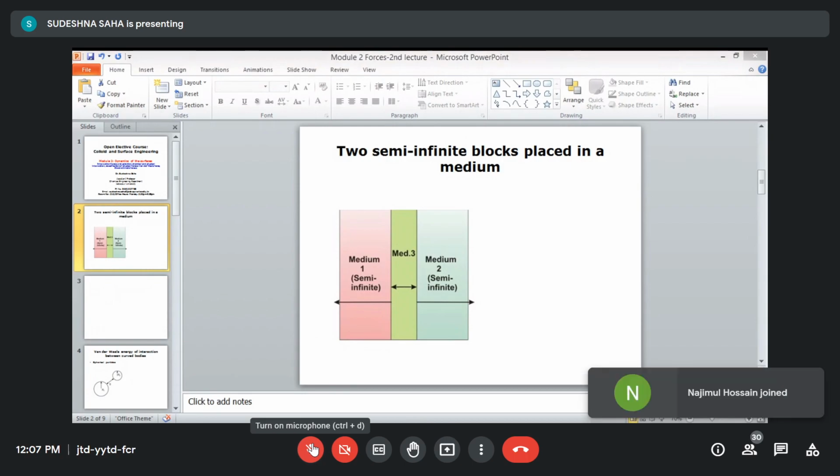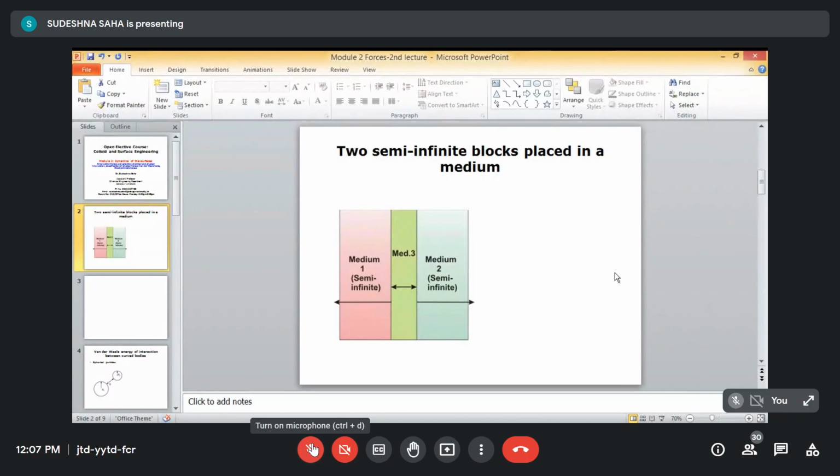From this figure you understand that we have two semi-infinite blocks separated by a certain distance d.